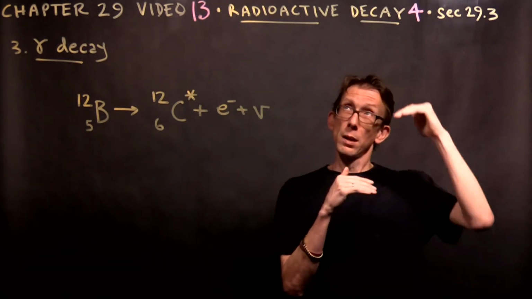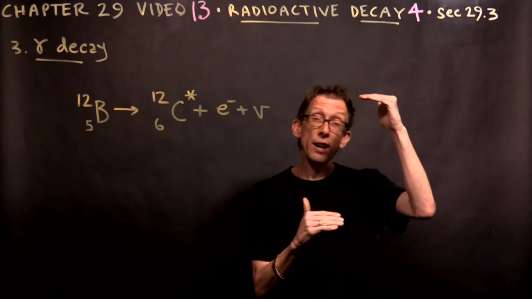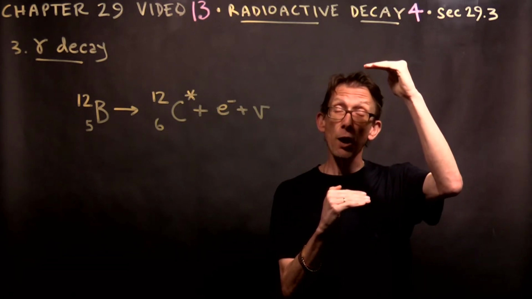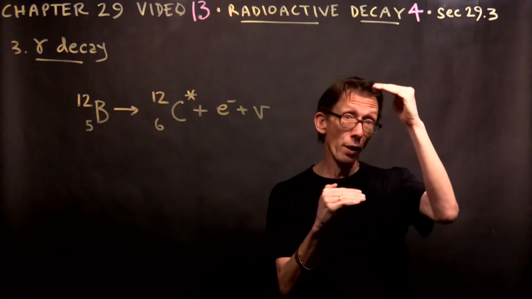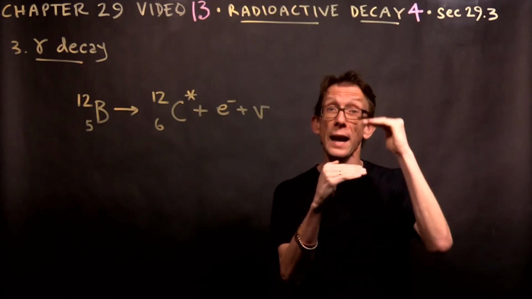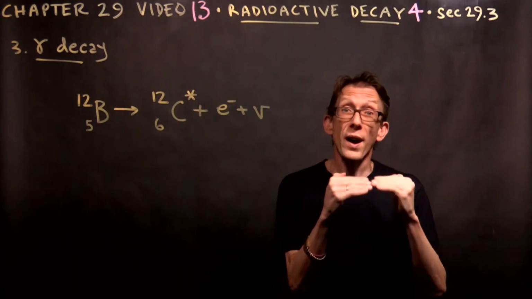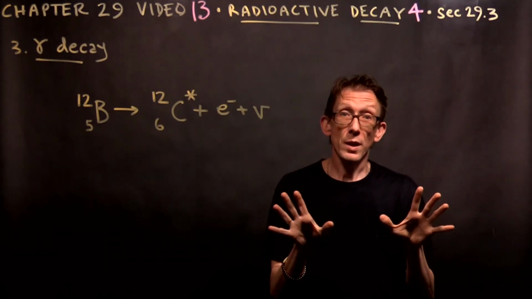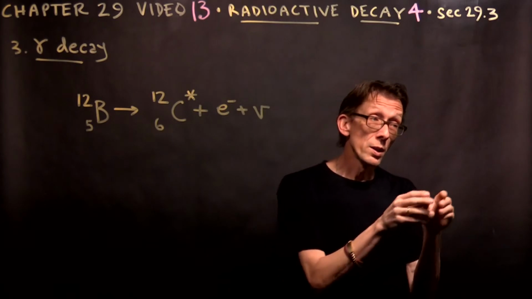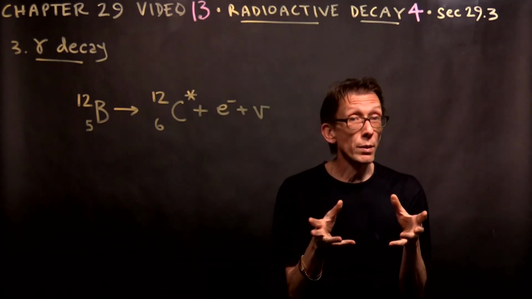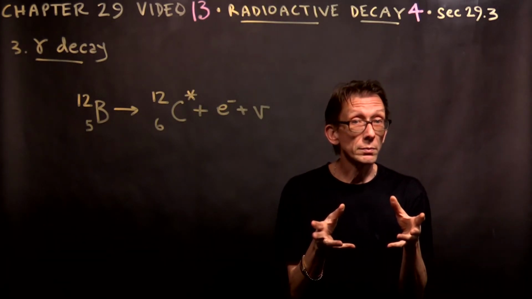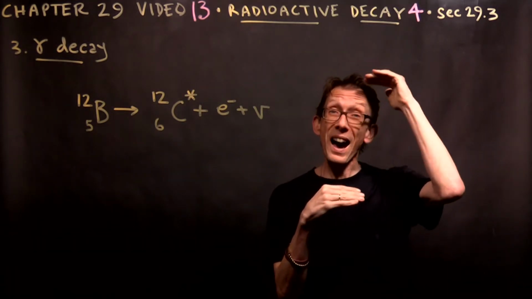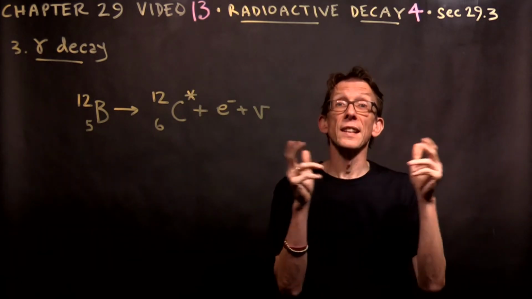When the electron in a hydrogen atom falls from an excited state down into a lower state, what does it emit? It emits light. Some of that light's infrared, some's UV, and some is visible light.